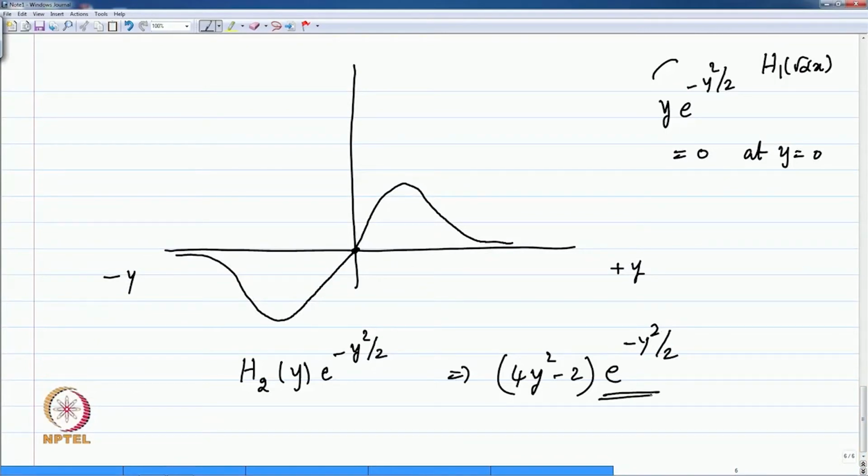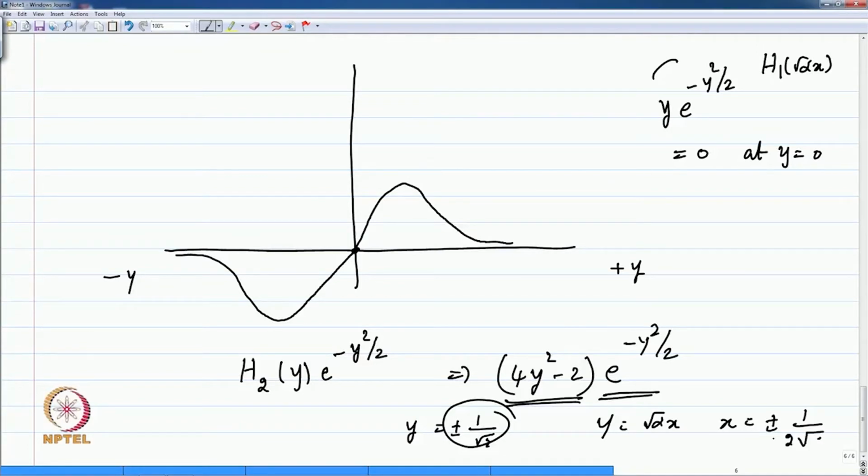The exponential never goes to 0 except when y is infinitely large, positive or negative. Therefore, this goes to 0 at values y is equal to plus or minus 1 by root 2. There are 2 values, and remember y is root alpha x. Therefore, x is equal to plus or minus 1 by root 2 alpha. Okay. So, there are 2 points at which the function goes to 0.